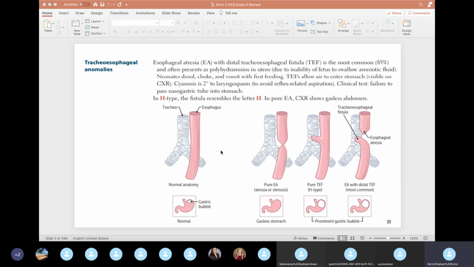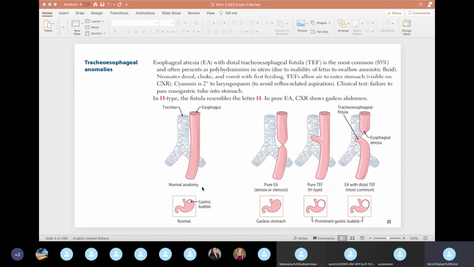To avoid aspiration, the airways have laryngospasm. So how are we going to test for TEF? You pass an NG tube, a nasogastric tube, to the stomach. And if you feel resistance, then the baby has TEF.